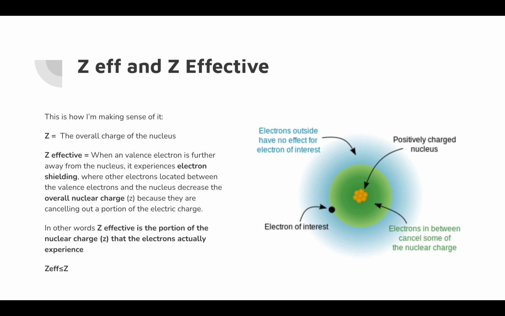Okay, we're going to talk about Z and Z effective. Here's a more formal explanation first, and then I'll give you what helps me understand it best. Most of the physical and chemical properties of the elements can be explained on the basis of electron configuration.